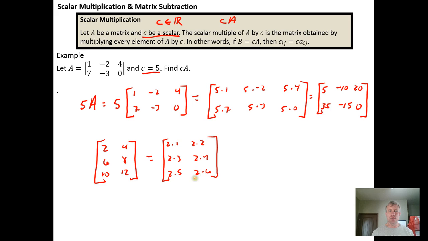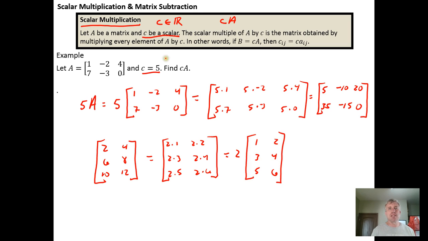That common factor, the 2, could then be factored out using the definition of scalar multiplication. So we could get 2 times the matrix 1, 2, 3, 4, 5, 6. So sometimes it might be convenient when you're working with matrices to work backwards.